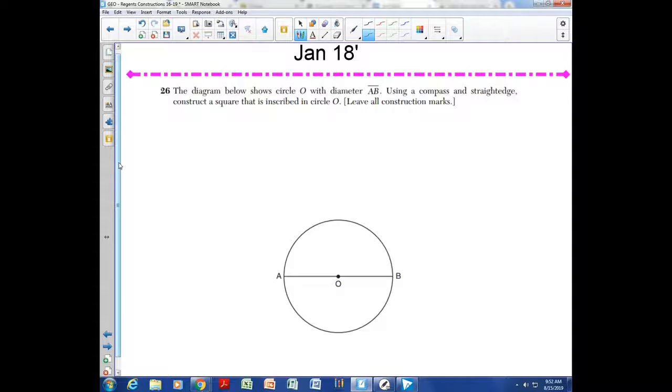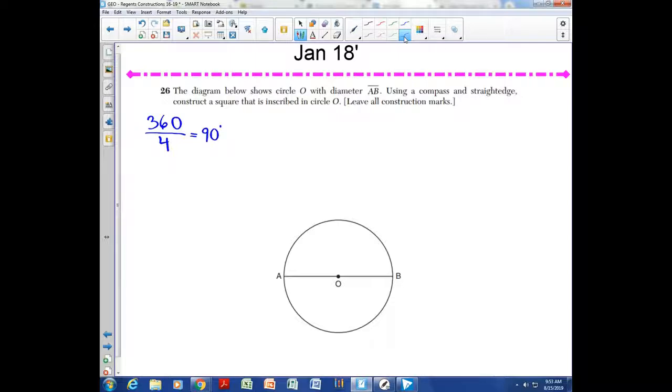Another thing that you could remember about inscribing certain figures is if you know that a square has 4 sides and 4 vertices, we're also basically dividing the circle, which has 360 degrees, into 4 equal arcs. And most of you know that 360 divided by 4 is 90 degrees.